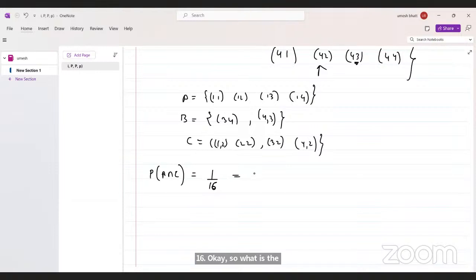The probability of A is 4 by 16, which is 1 by 4, and the probability of C is 1 by 4, which is equal. So they are independent. Or you can also think of it this way: the results of the first roll and second roll are independent, so by that you can also say they are independent.